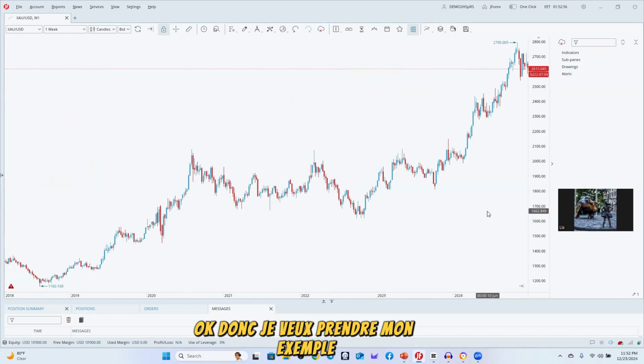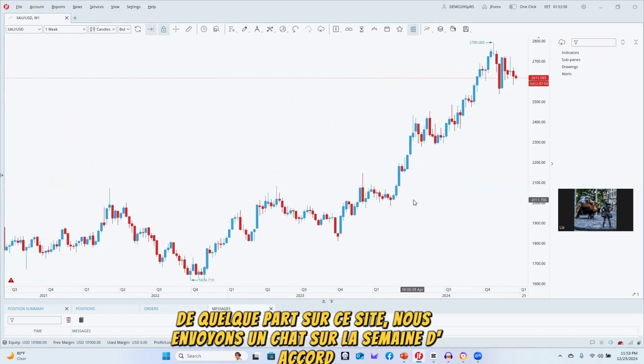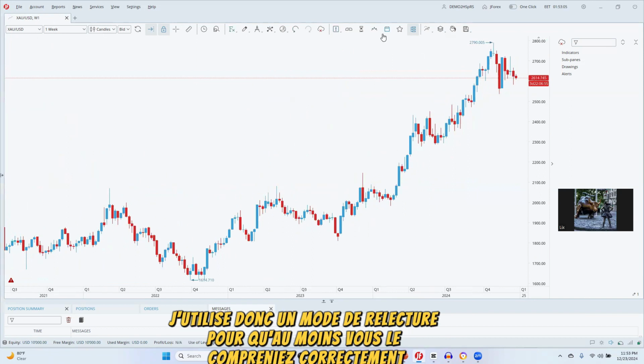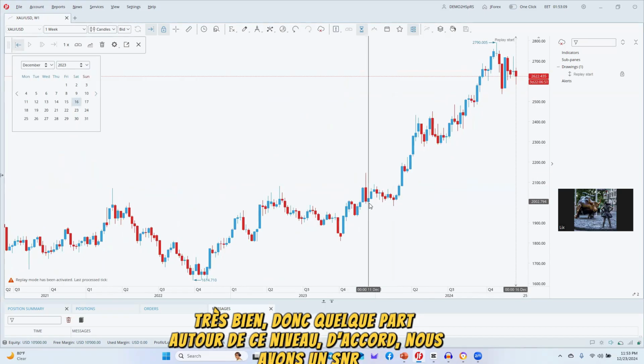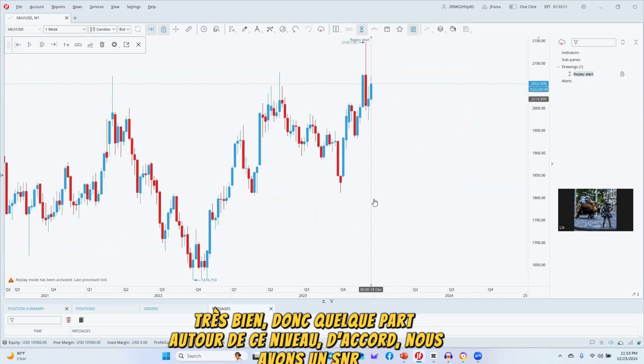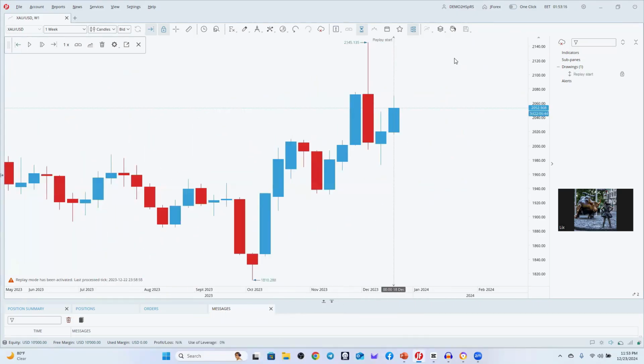I want to take my example from somewhere this side, a recent chart on the weekly. I use the replay mode so that you understand it properly. Somewhere around this level, we have an SNR.